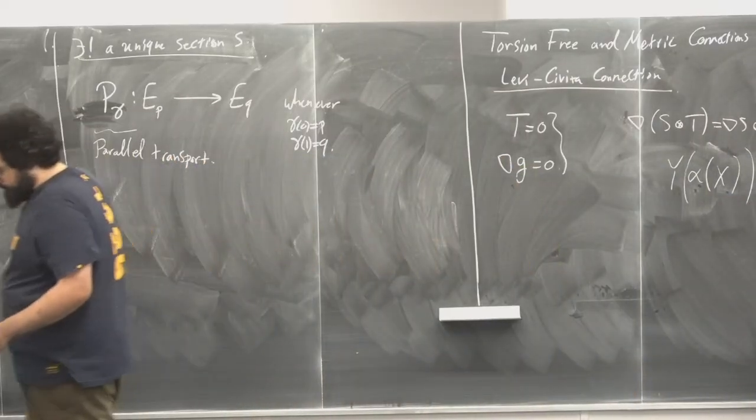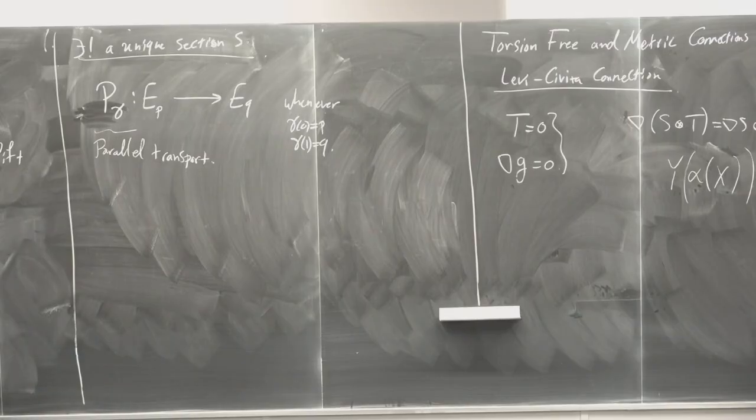Good. Any questions about this? Yeah. You have a path from P to Q, and then a smooth homotopy of that path. How much does this thing change? Yeah, good. There is a connection with the fundamental group.